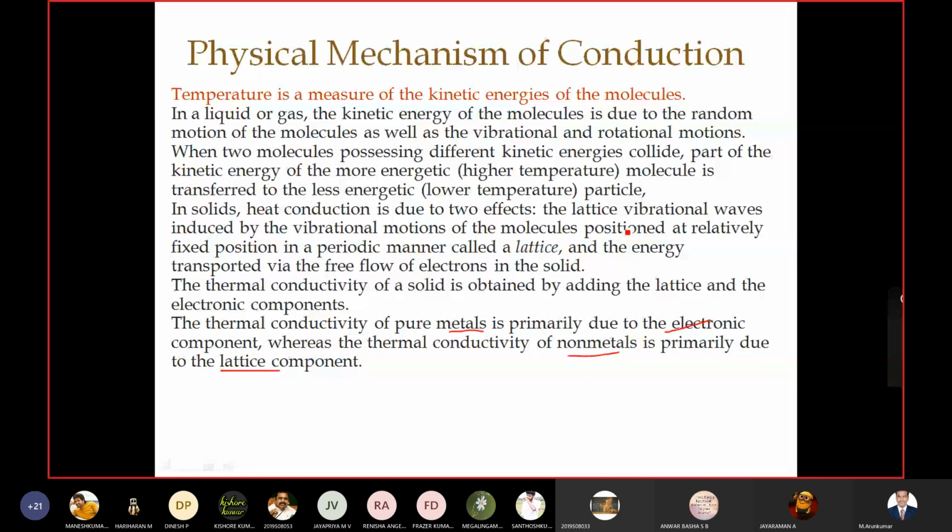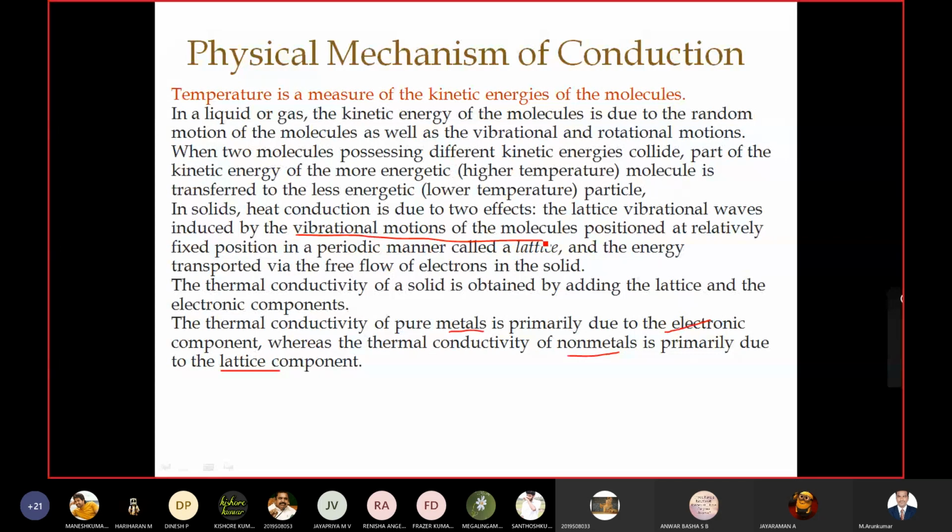Actually, the lattice is the vibrational waves induced by the vibrational motion of the molecules. So vibrational motions of the molecules transfer the heat in the lattice, and the flow of electrons also conducts the thermal energy in pure metals.